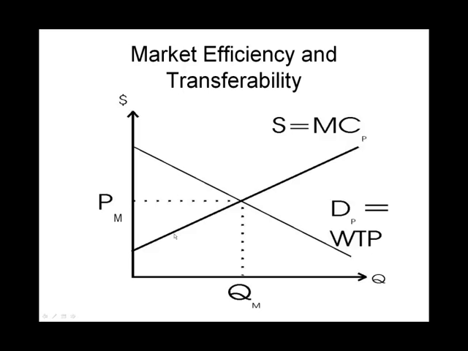All right, so transferability leads to the creation of the marginal gains from each unit that is transferred. Notice that we don't transfer beyond the point where the market equilibrium is, because the costs to the producer are greater than the benefits to the consumers for any units past QM.